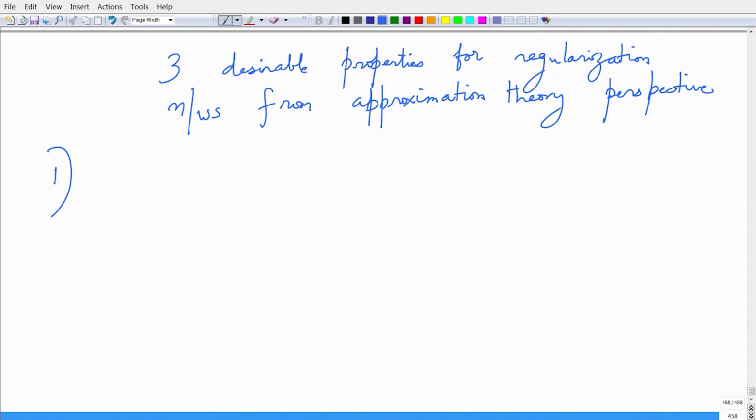So, from an approximation theory perspective, the regularization network has 3 desirable or interesting properties.